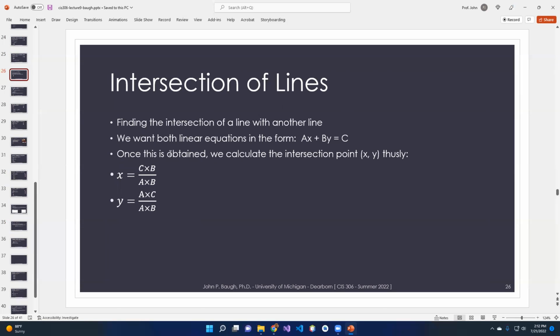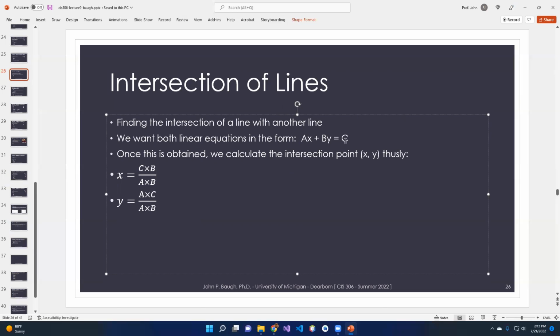So finding the intersection of a line with another line. So this time we're dealing with 2 lines. We want both of the linear equations in this form. Okay, so this particular type of standard form. So instead of the slope intercept form, we've got this form right here, ax plus by equals c.